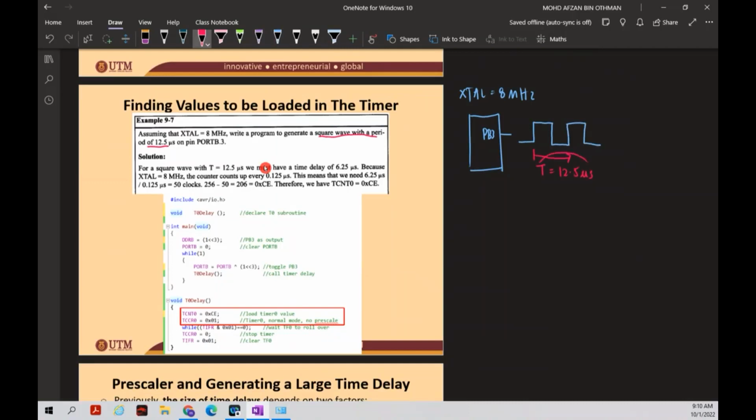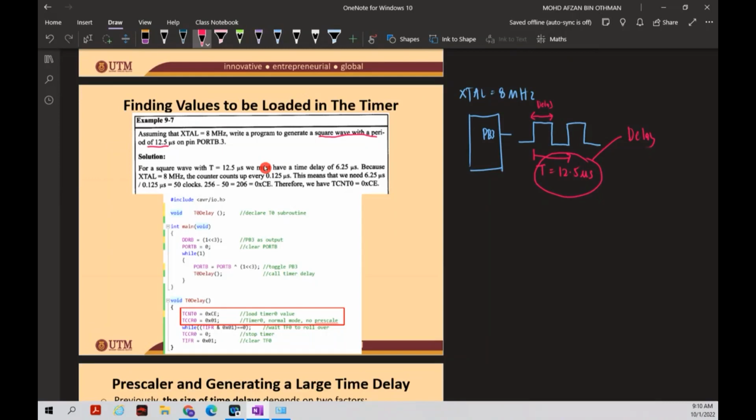From the period of this square wave, you can find the delay actually. The delay is this duration of time to generate a logic high and a logic low. We assume that when you generate a square wave, the duty cycle is always 50%, which means the duty cycle for logic 1 is equal to the duty cycle for logic 0.